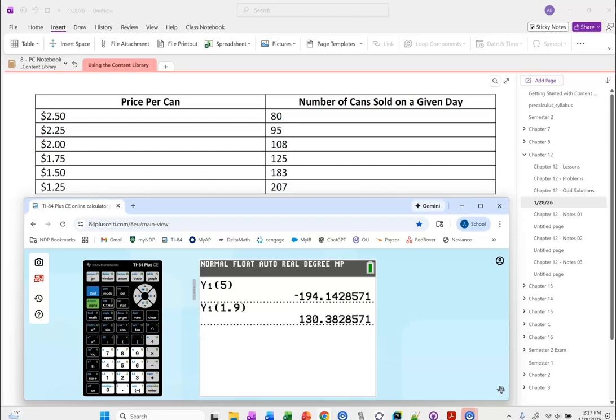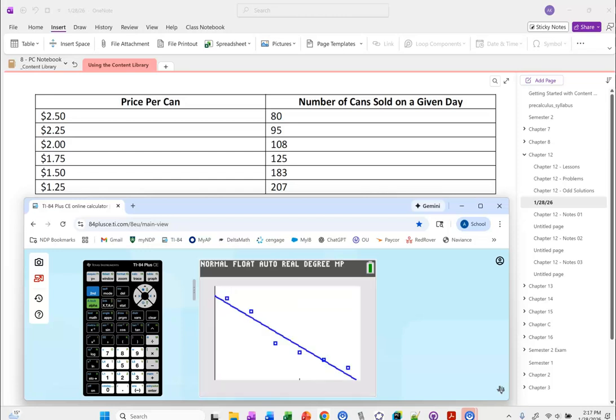You notice that it's predicting more than I would sell at $1.75 also. That's okay, because if I look at my model, this is where 175 is. I'm underperforming what the model would predict. I'm not selling as many as the model would predict, which is fine. That can happen.